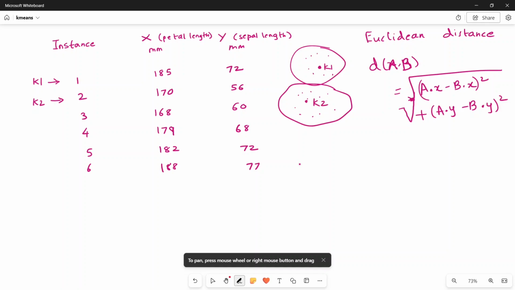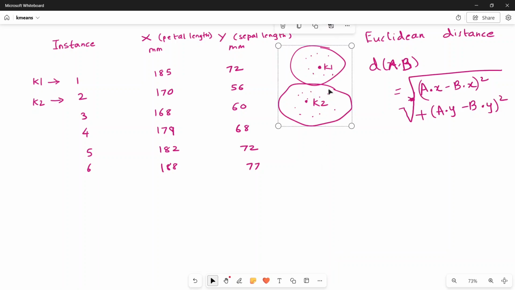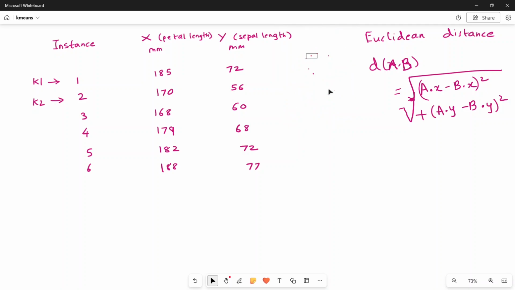Now we'll have to calculate Euclidean distance starting from the third row onwards. Here I will add a column for distance from the centroid C1 and distance from the centroid C2.